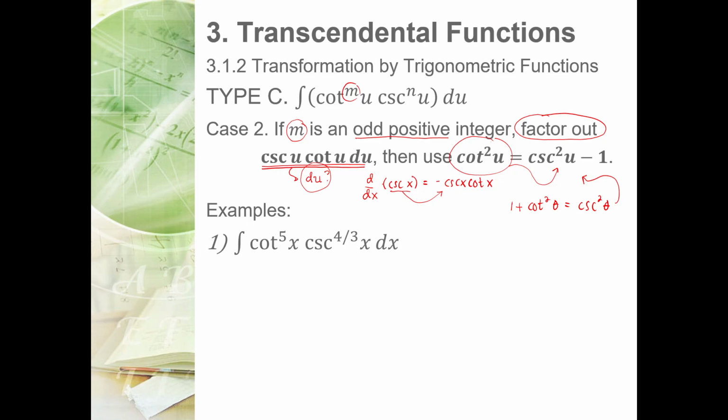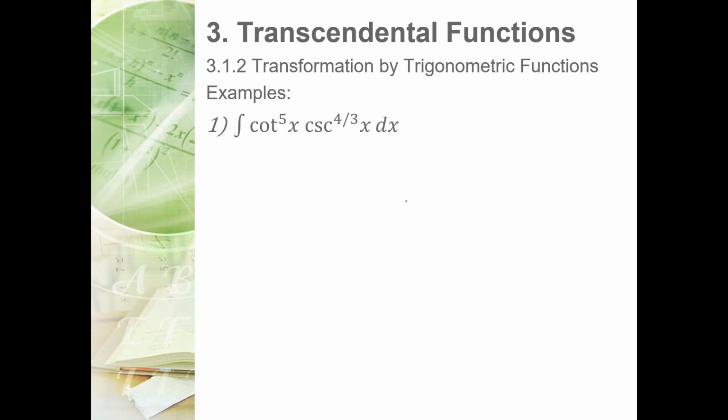So let's proceed with the example. Let's write the steps first for case number 2. m, the exponent of the cotangent function, should be odd and positive.